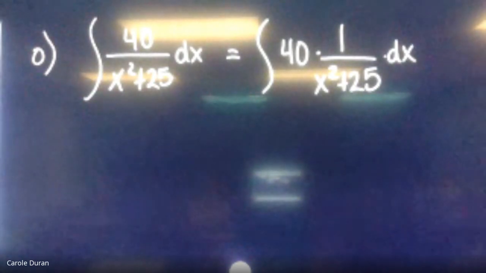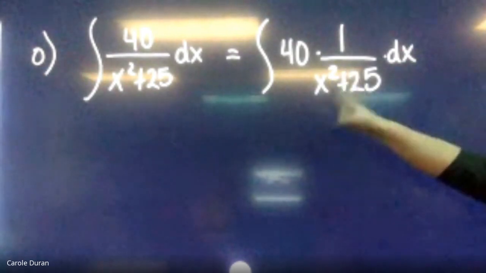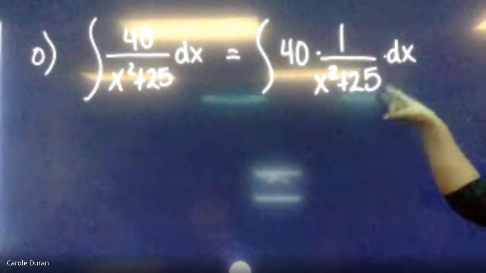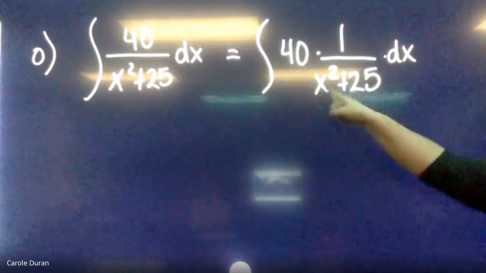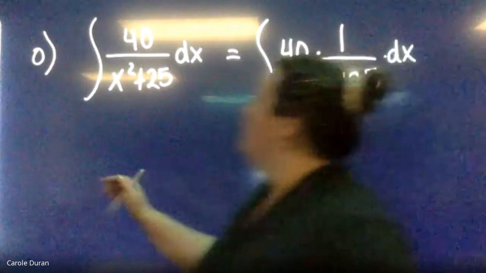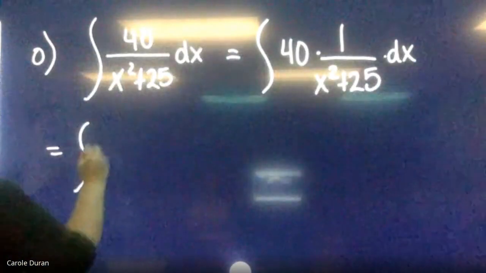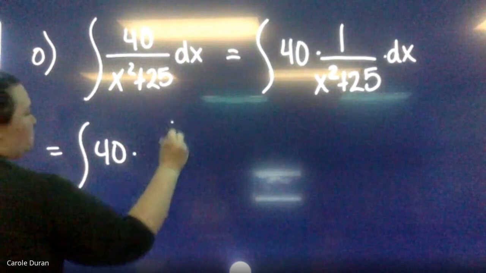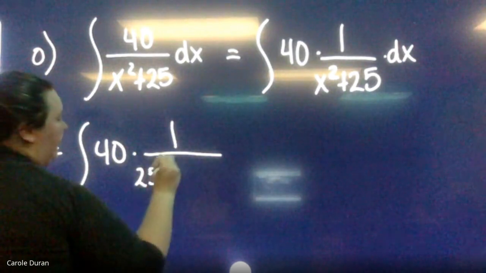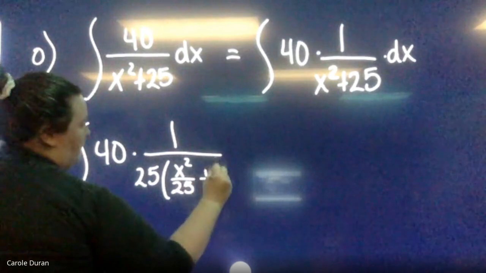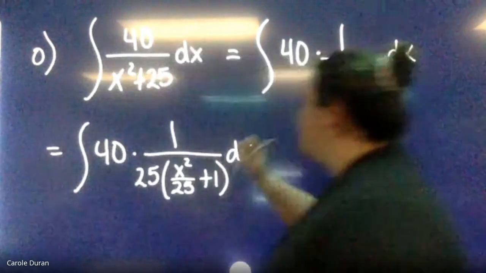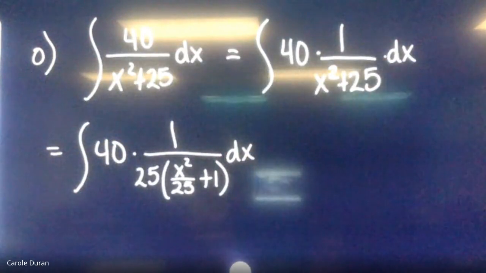So what I need to do is make this something squared plus 1. What's the only way I can do that? Divide each of these denominator values by 25. So this becomes the integral of 40 times 1 over 25 times x squared over 25 plus 1. I just divided each of them by 25.